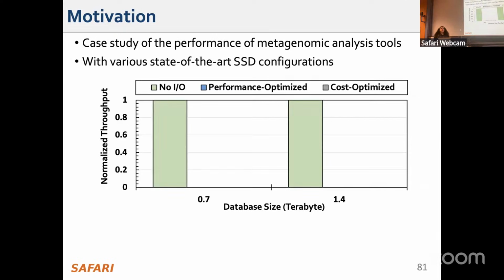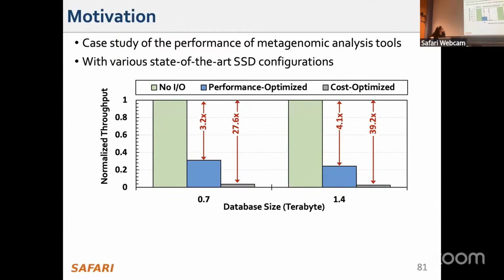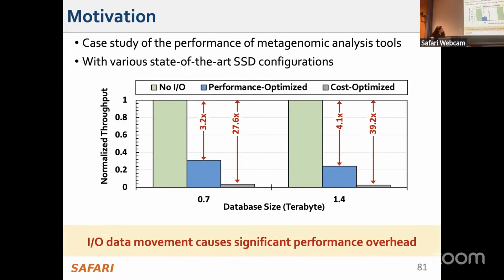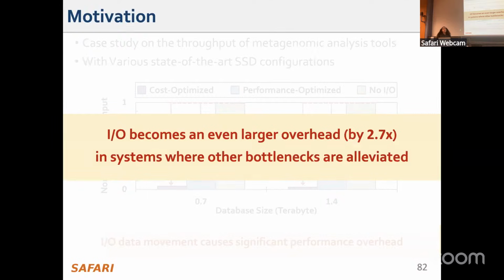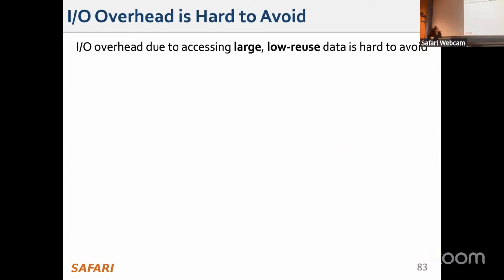Compared to an idealized scenario with no I/O overhead, in a case with performance-optimized and cost-optimized SSDs, we see that in both scenarios there is a large I/O data movement overhead that causes throughput and performance degradation. Similar to before, I/O becomes an even larger overhead in systems where other bottlenecks are alleviated. So this I/O overhead due to accessing a large amount of low-reuse data is hard to avoid.